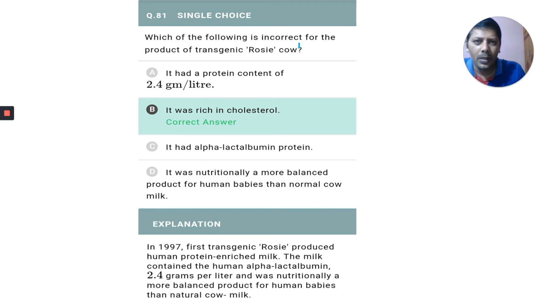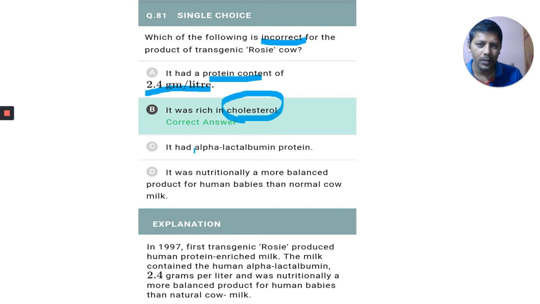Which of the following is incorrect for the product of transgenic Rosie cow? This is directly from the textbook. It had a protein content of 2.4 grams for 1 liter of milk. It was rich in cholesterol. That's wrong.